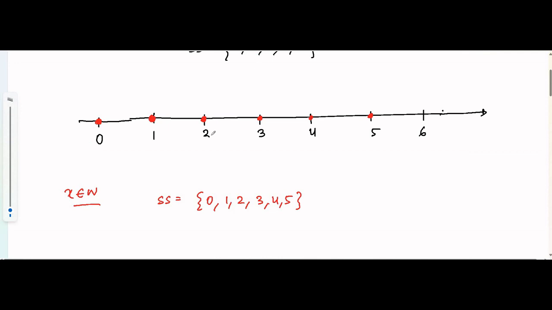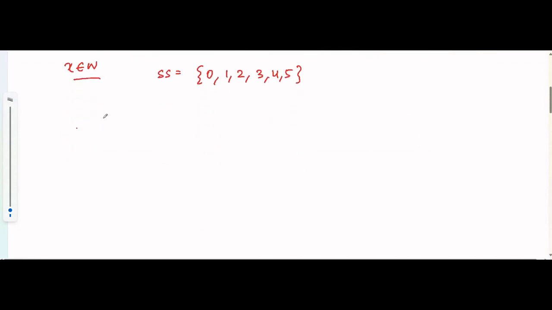Similarly, if it would have been given x belongs to the set of integers, the solution set would have been all the negative numbers, -3, -2, -1, 0, 1, 2, 3, 4, 5. In that case, the plotting of the solution would have been something like this.